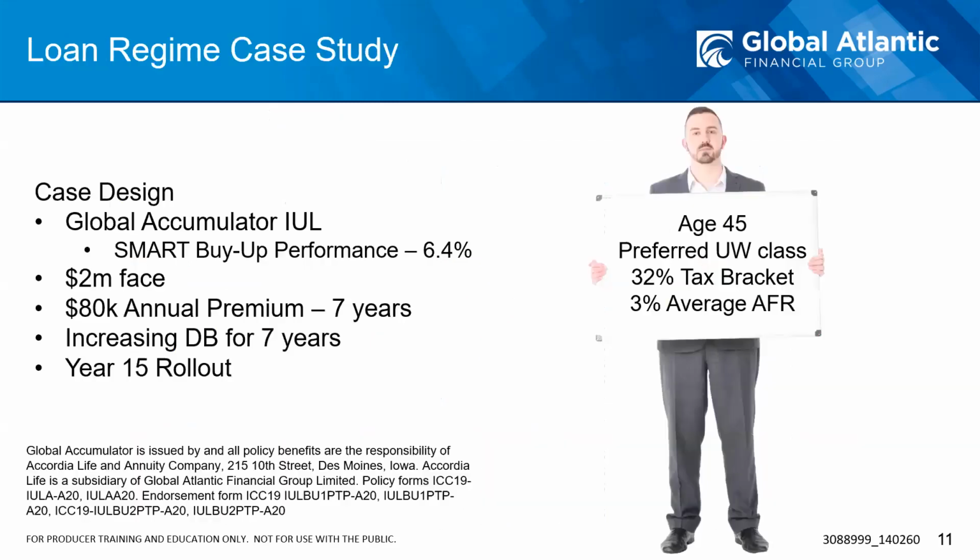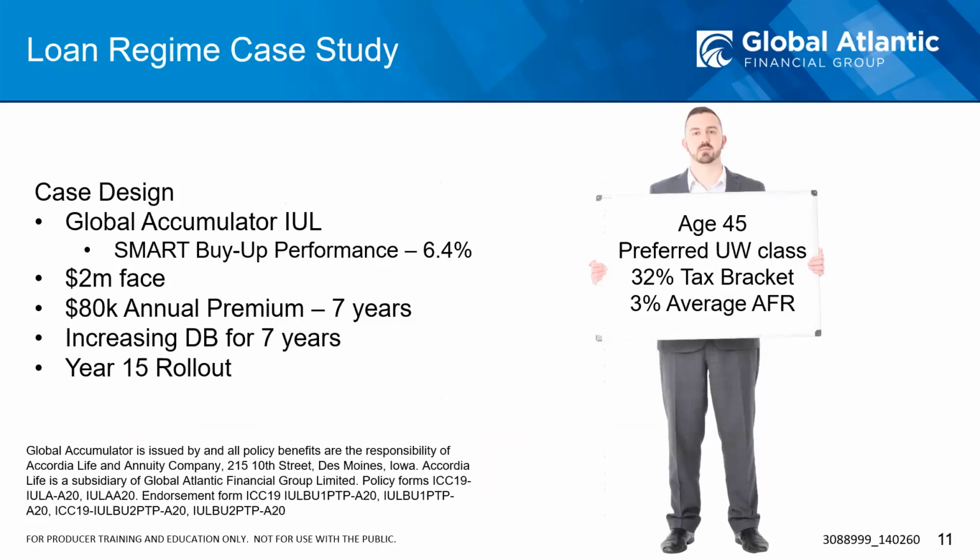And this one is going to show a rollout. So here we have a 45-year-old executive, preferred 32% tax bracket. And we're again going to use that 3% AFR, because although if this executive enters into the agreement today and gets the loan today, the rate's going to be 1.15%, not 3.